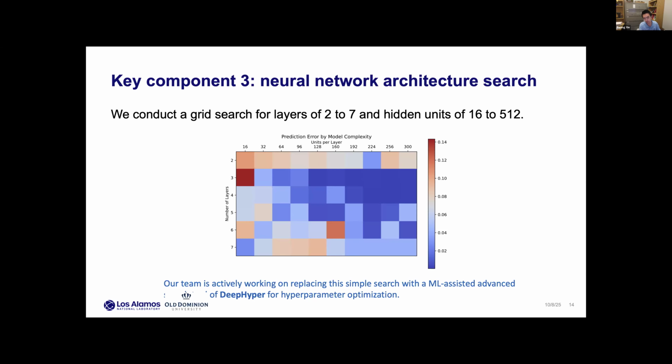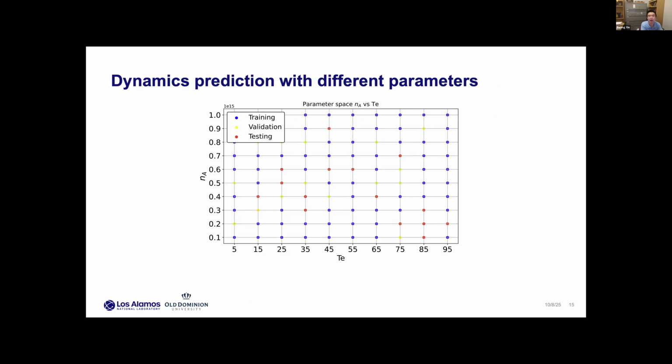This team is still actively working on replacing the simple search with an ML-assisted advanced search for the neural network architecture. Basically, we separate the data into training and testing under different parameter settings, because we are going to test our model on parameters that have never been seen by the neural net model.